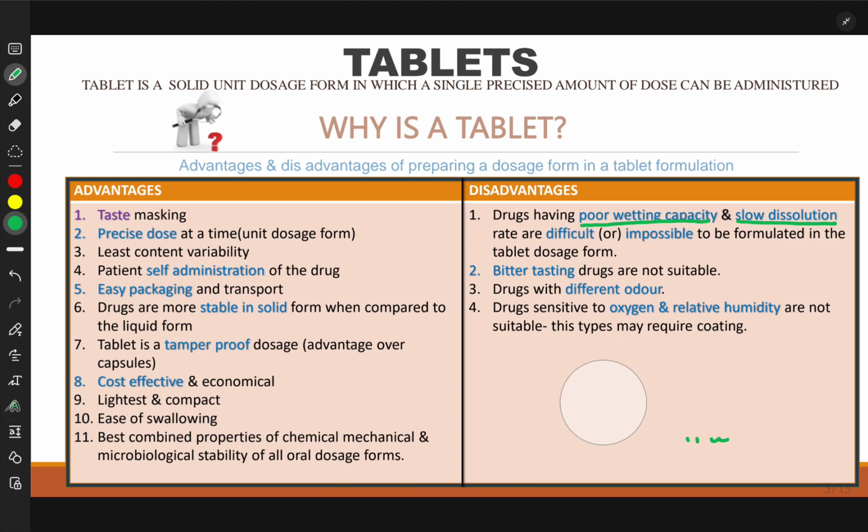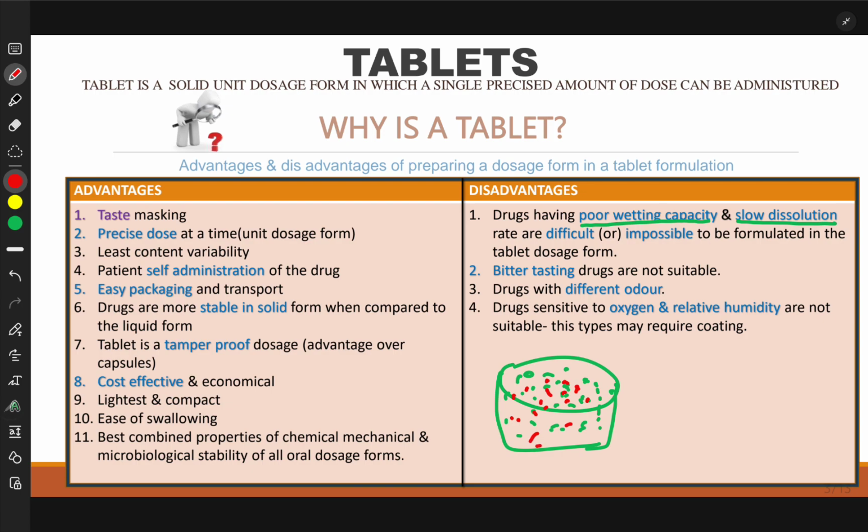Consider this as a cavity; the powder particles are placed in the cavity like this, with more spaces between them. These red colors are spaces.